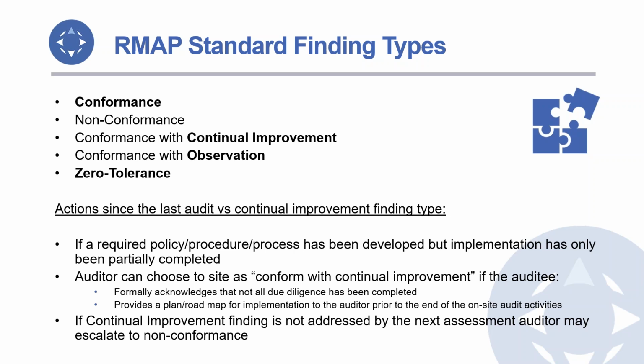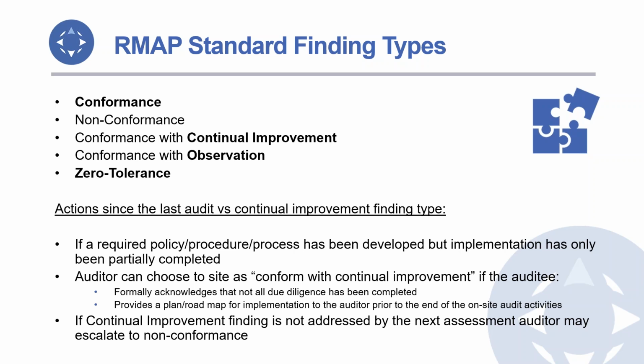We do leave it up to the auditor's decision, though, because obviously if we're talking about implementation of 2% out of 100% of a certain procedure or process, it's possible that the auditor would decide that it's still a non-conformance.